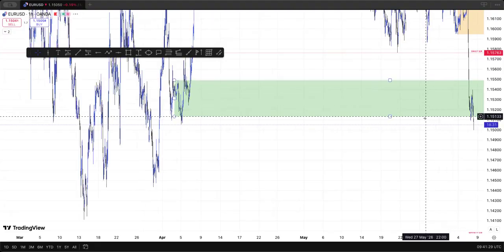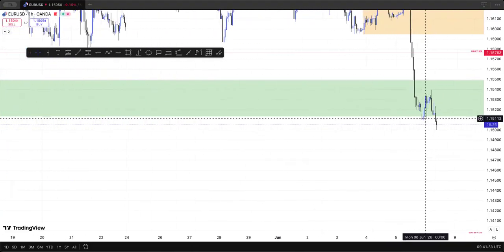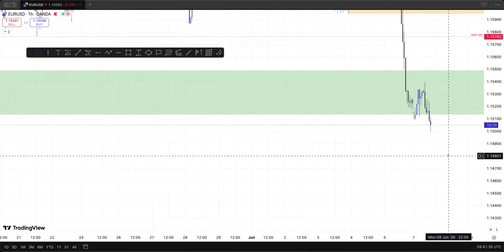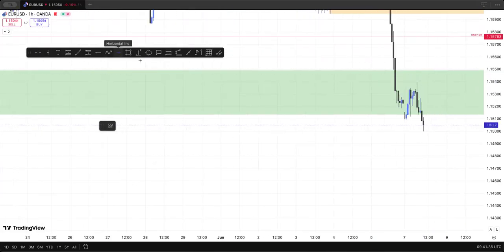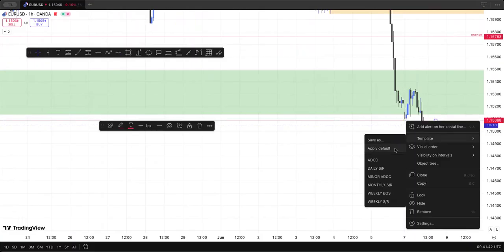Okay, so now on the 1 hour time frame, we've invalidated a low right here. So now this is also a support or resistance on the 1 hour time frame that we'll be looking for price to probably give a retracement of.